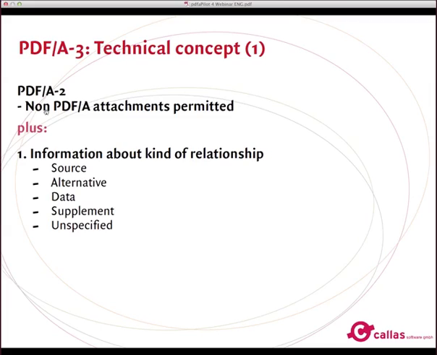So PDFA3 is exactly the same as PDFA2, but non-PDFA attachments are permitted. And in addition, PDFA3 requires that the relationship between the embedded file and the main file is defined. So the relationship may either be the source. So for instance, I have an Excel spreadsheet with all the formulas in it, and I want to have a reliable file for my archive, so I would create a PDFA file from that.